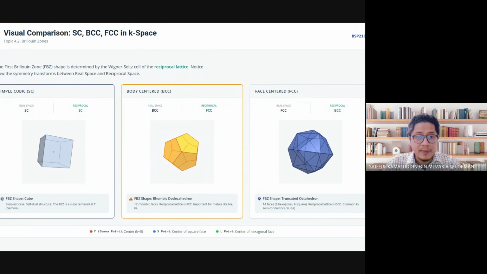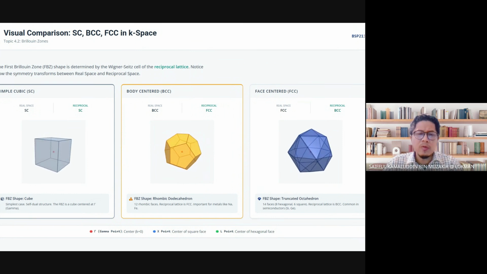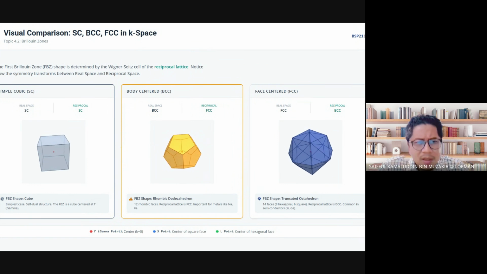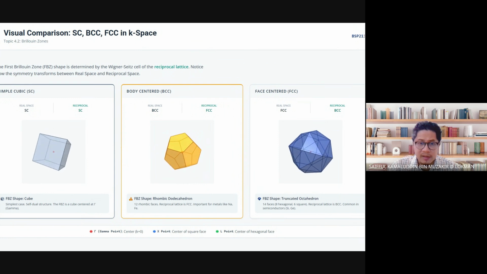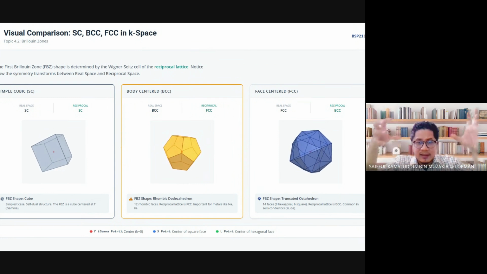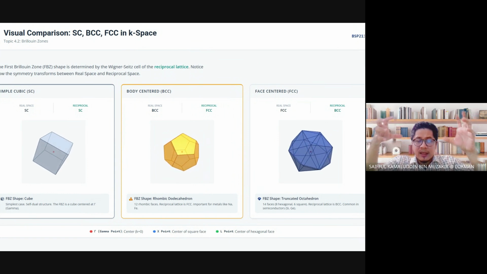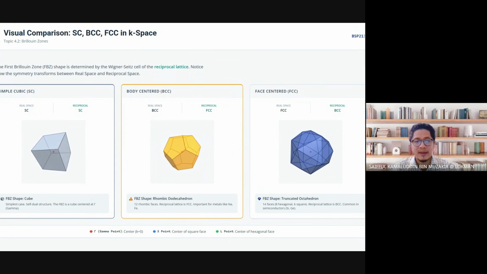Later you will ask, isn't this BCC, a cube? This is not a cube. This is not a pentagon either. What is this? Rhombic dodecahedron. A structure where each face is actually a pentagon. Right?